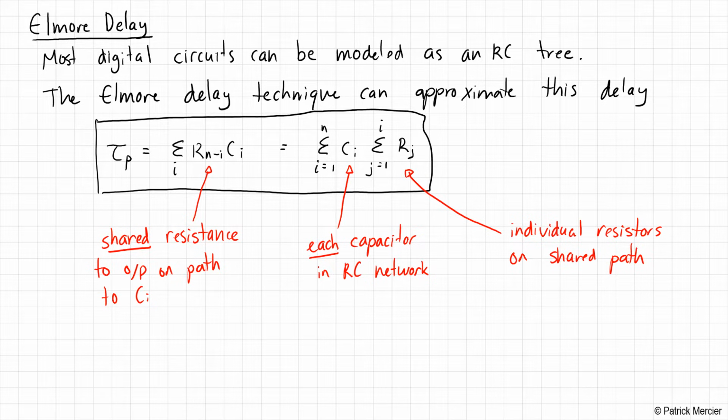Essentially we're trying to assess the total resistance that each capacitor sees along its way to the output, and we multiply that total resistance by the capacitance at that node, and we sum over all of the capacitors on all of the nodes, and that's how we get the eventual delay through our Elmore network. This is perhaps still a little bit of an abstract formula, so it's best understood by going through an example, and hopefully things will become clear.